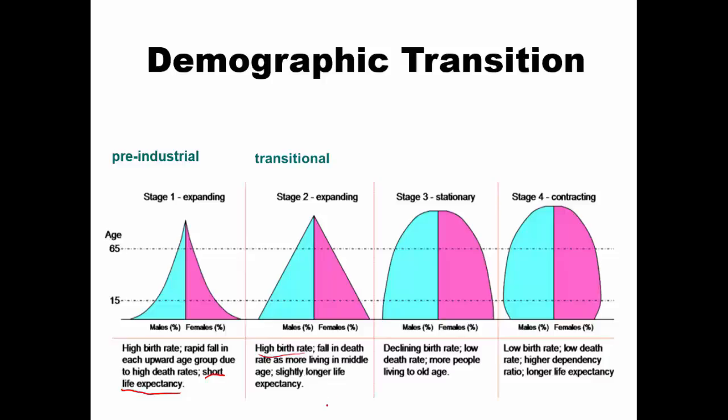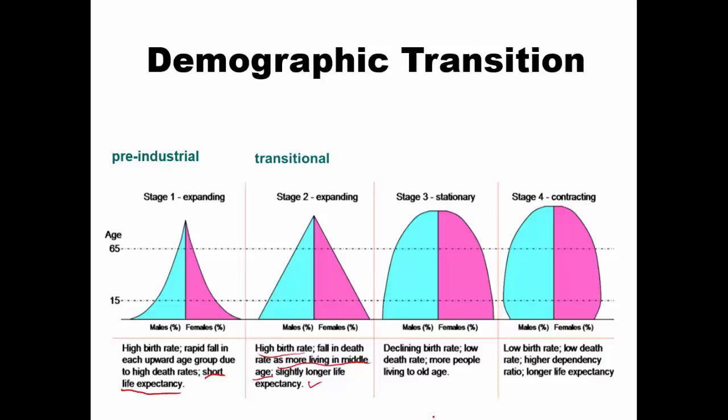You have a fall in death rate, and you have more people living into middle age and a slightly longer life expectancy. We're going to prove this not just through history, but through current demographics, something that we can actually look at outside of our industrial model that we see in the West.